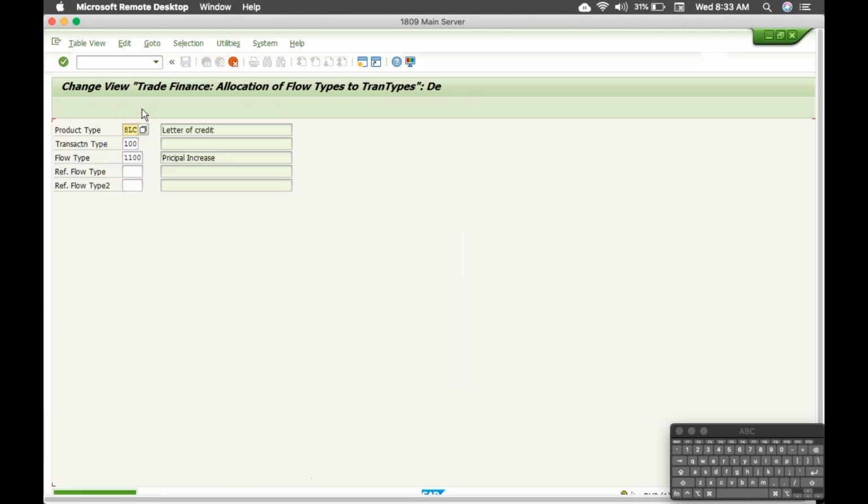Copy this, change your product type. In this case also: principal increase, principal decrease, fees on total amount. This is the paying side, because we are paying. Fees on available amount.